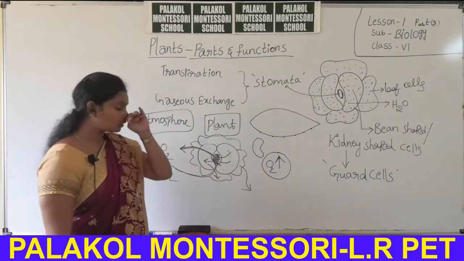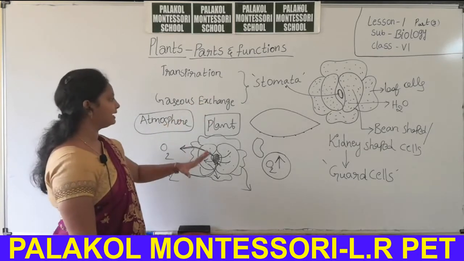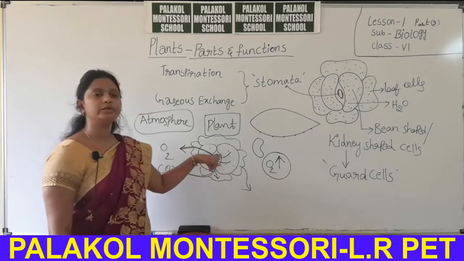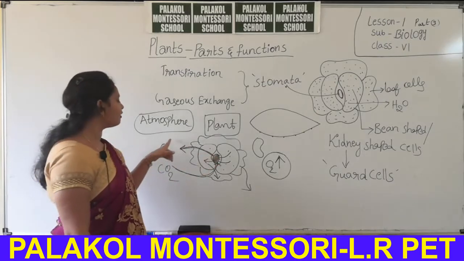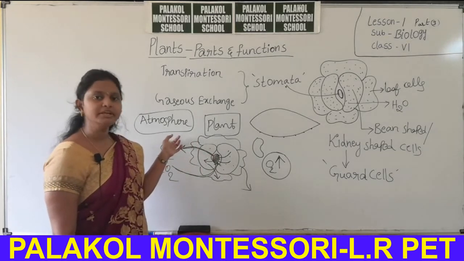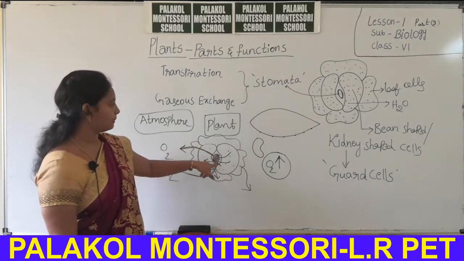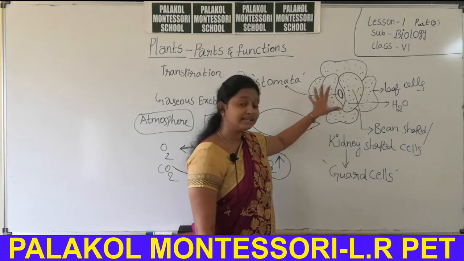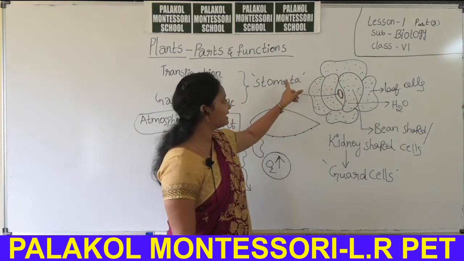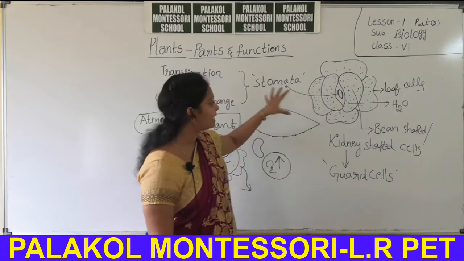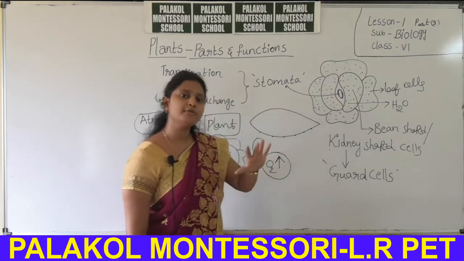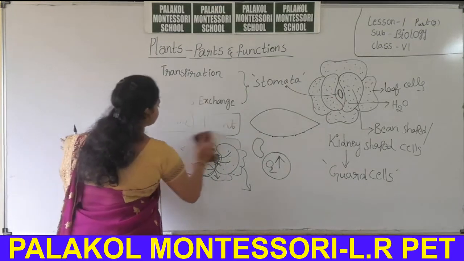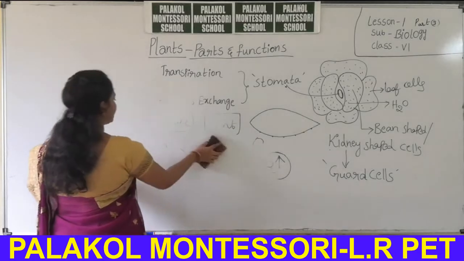So from this we concluded that the stomatal opening is responsible for gaseous exchange, that means entry of CO2 into the plant body and exit of oxygen into the atmosphere. And in transpiration, the excess water present in the plant body is released into the atmosphere through which region? Stomatal opening. This is about stomata. Then types of leaves.